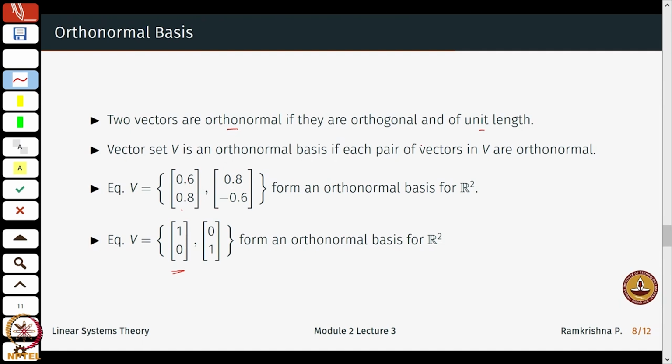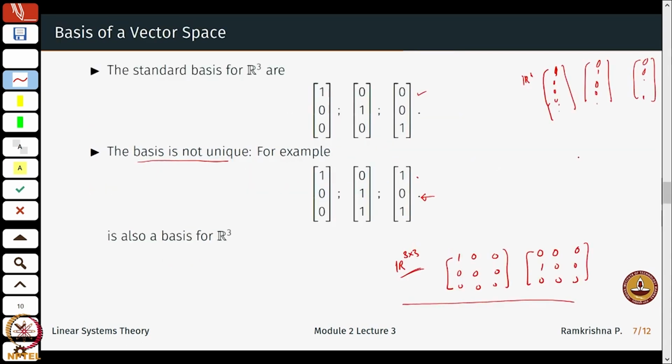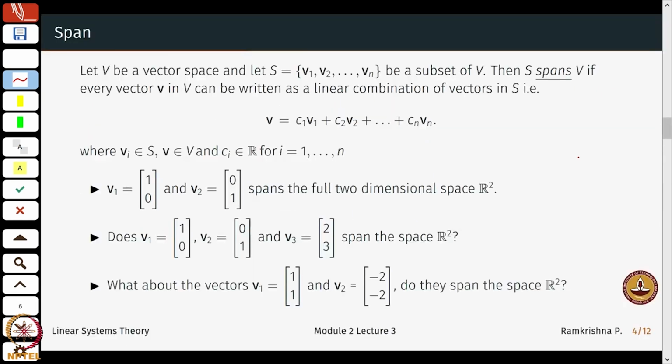Not only that, these two vectors here, all these are of unit length. So, a vector set V is an orthonormal basis if each pair of vectors in V is orthonormal. Like for example, if I choose this and this, well, that is not an orthonormal basis, right, because the magnitude here is not 1 and so on.